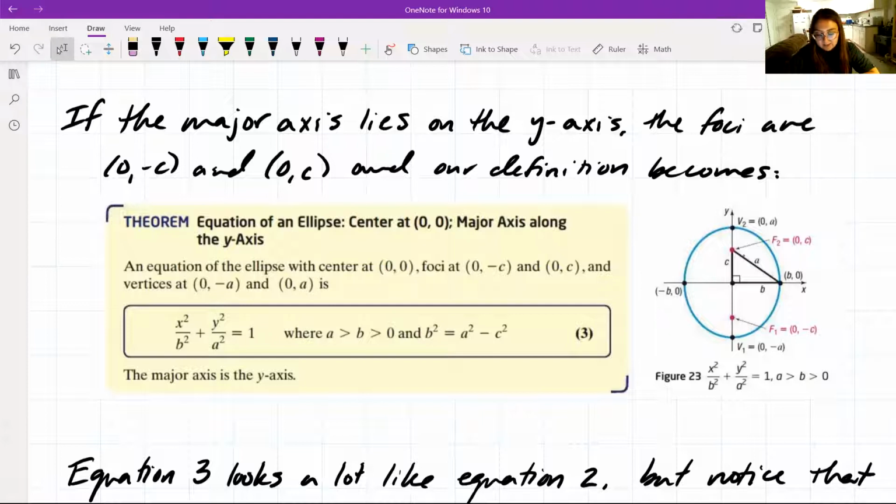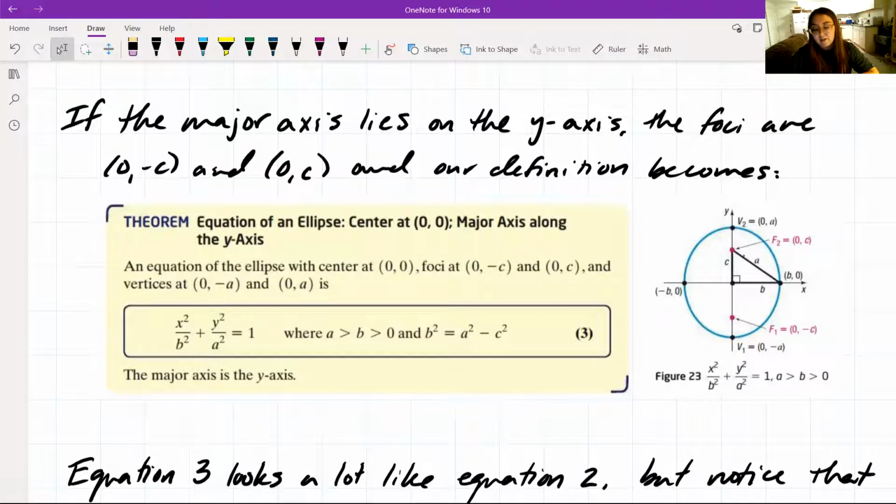So an equation of the ellipse with a center at 0, 0, foci at 0, negative c, and 0, c, and vertices at 0, negative a, and 0, a, is now going to be x squared over b squared plus y squared over a squared equal to 1, where now a is greater than b, which is still greater than 0, and b squared is equal to a squared minus c squared, where now the major axis is the y-axis.